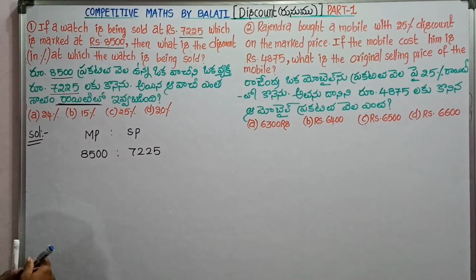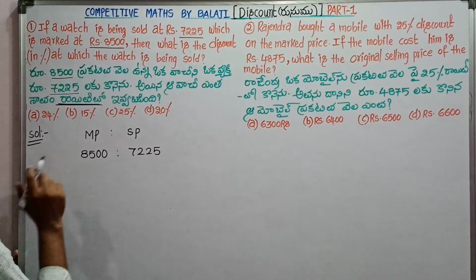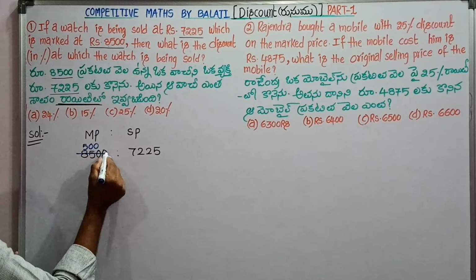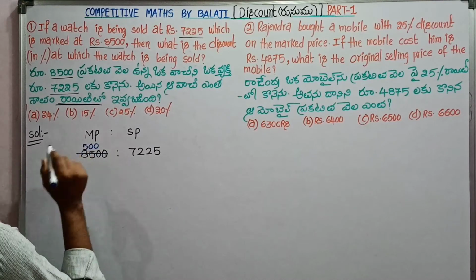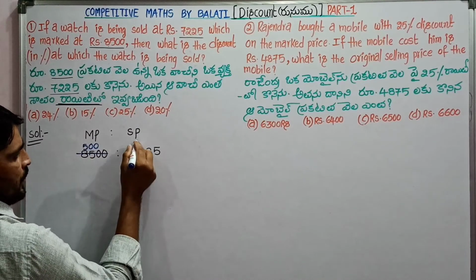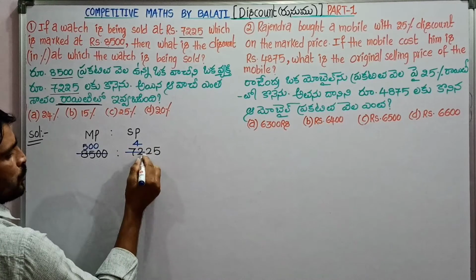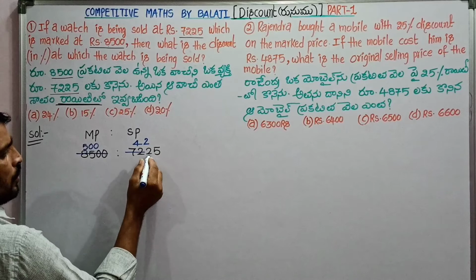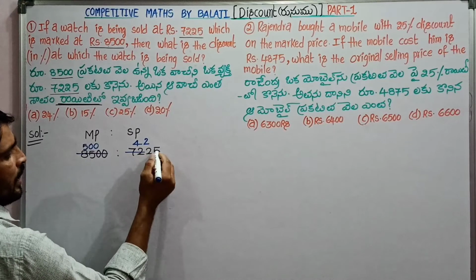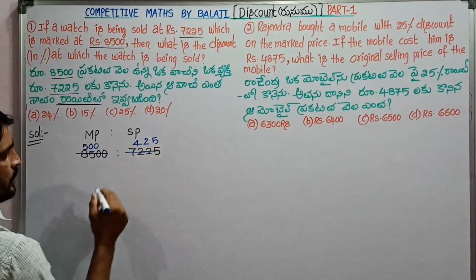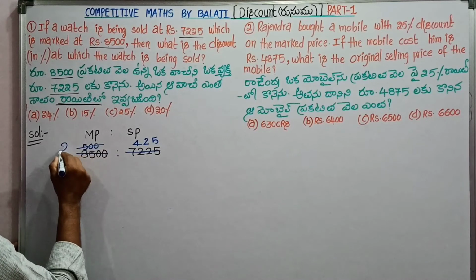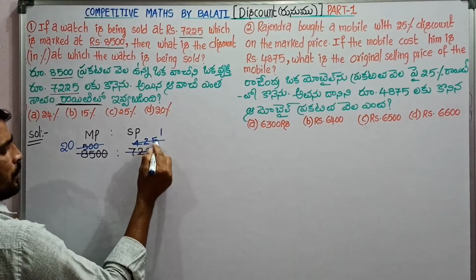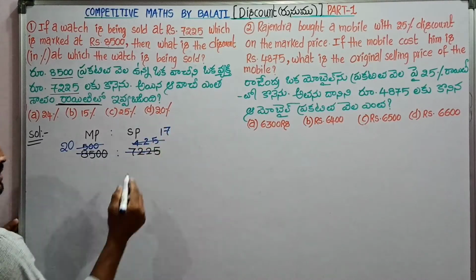Now consider the ratio of MP to SP. 17 5s are 85, 17 zeros are 0 and 17 zeros are 0. 17 4s are 68, 4 to 42 remainder. 17 2s are 34, 42 minus 34, 8 remainder, 8 5 85, 17 5s are 85. Again 25 20s are 500, 25 ones are 25, 17 remainder, 175, 25 7s are 175.